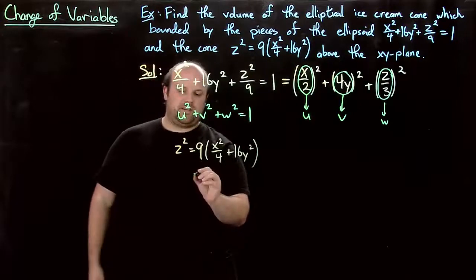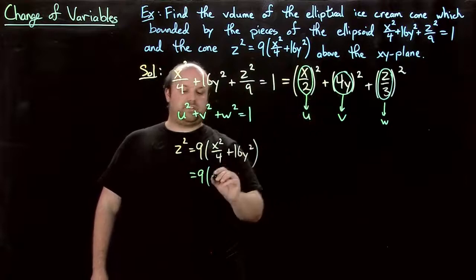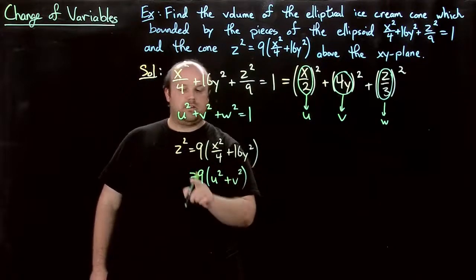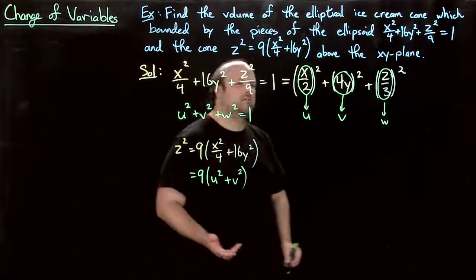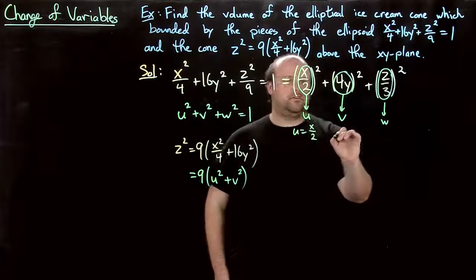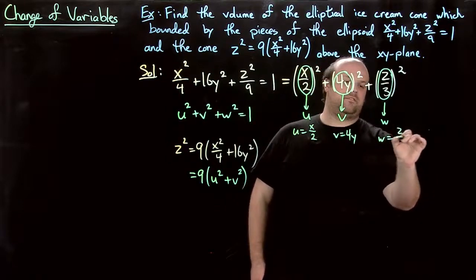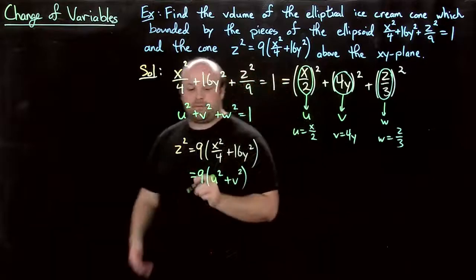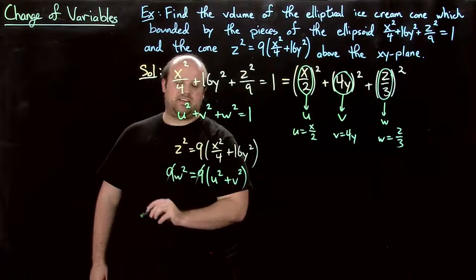Well, we already know x squared over 4 is just u squared, and 16y squared is just v squared. What about the z squared over here? If u is x over 2, v is 4y, then w is z over 3, which means that z is equal to 3w. So here you'd get 9w squared, and so these 9's cancel.